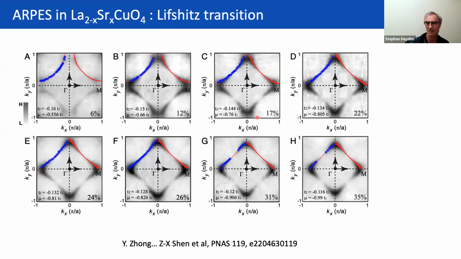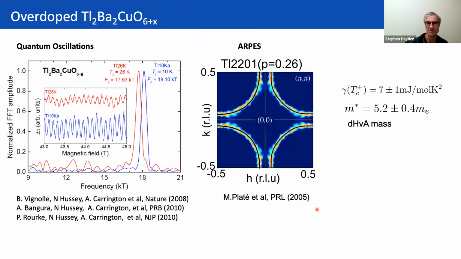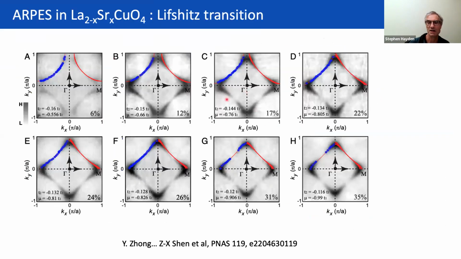Okay, another thing that may be relevant to this peak here is the fact that this material goes through a Lifshitz transition in this region, where the Fermi surface changes its topology. You can see this in some recent data from Z.X. Shen's group, where they've managed to do accurate measurements of the doping on thin films for the first time, so they can actually know exactly what the doping is in the ARPES measurements, which has been a problem before.